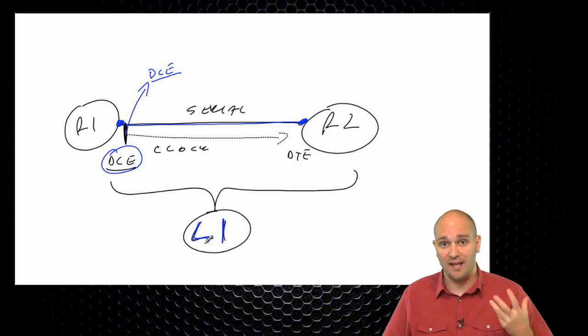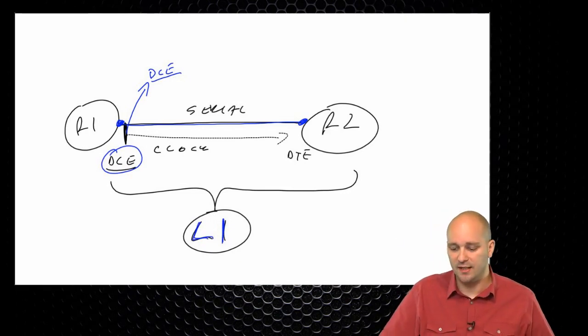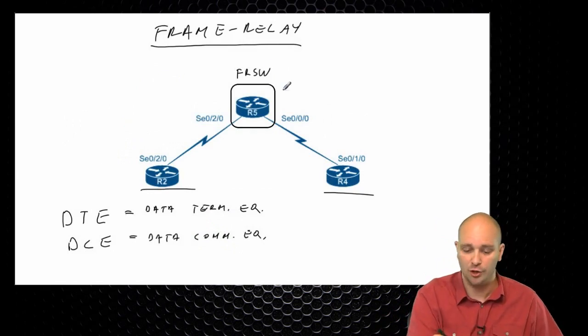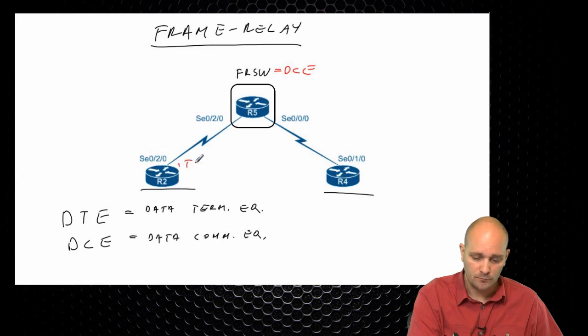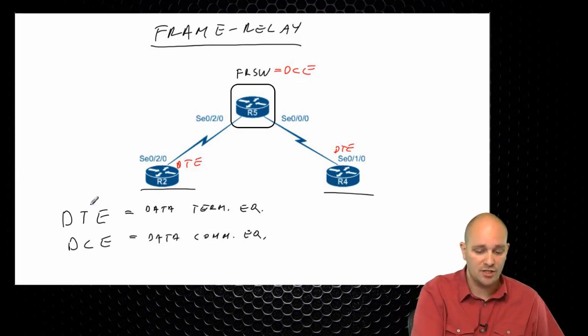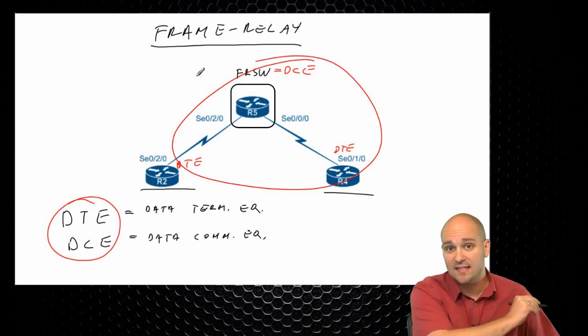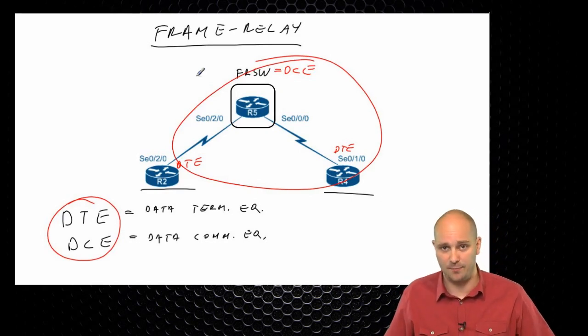Now, frame relay itself also uses the DCE-DTE terminology: the frame relay switch on layer 2 is called the DCE device, while the endpoints are called DTEs. It's important to understand that there is no relationship between the two; these are 2 completely separate concepts.